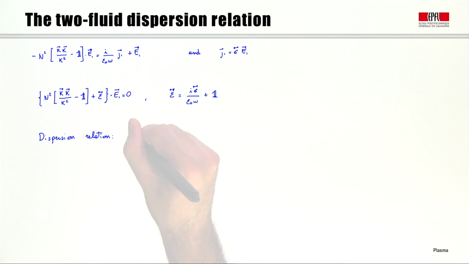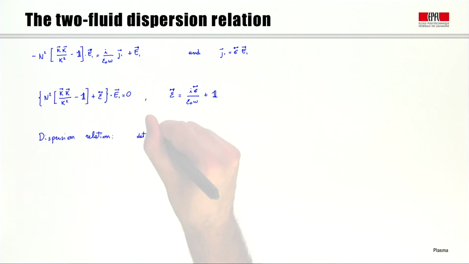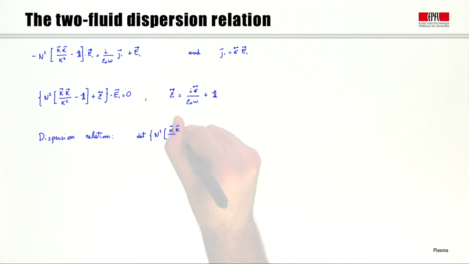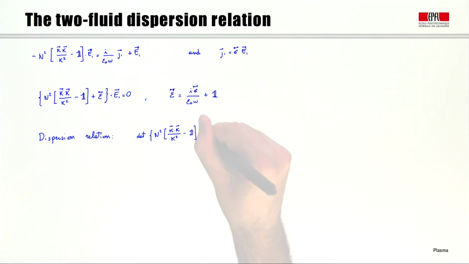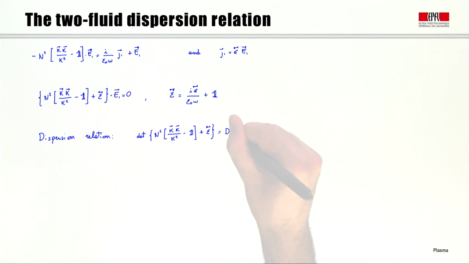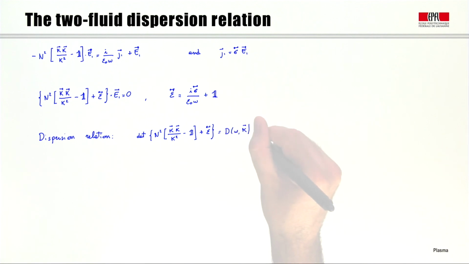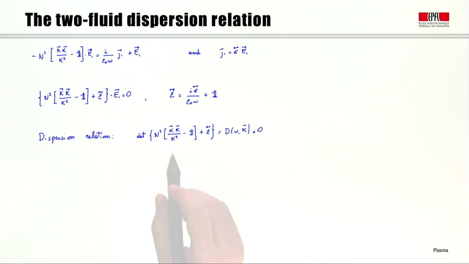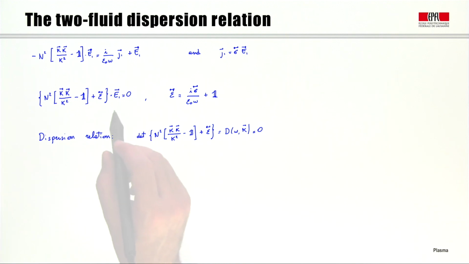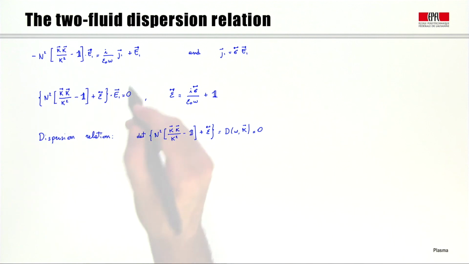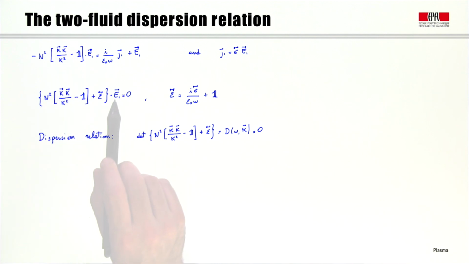In fact, the modes whose frequency and wave number are such that the determinant of this matrix here, which we can call D of omega, k, is equal to 0, are intrinsically present modes, which can be present in our system and have an E1 different from 0.